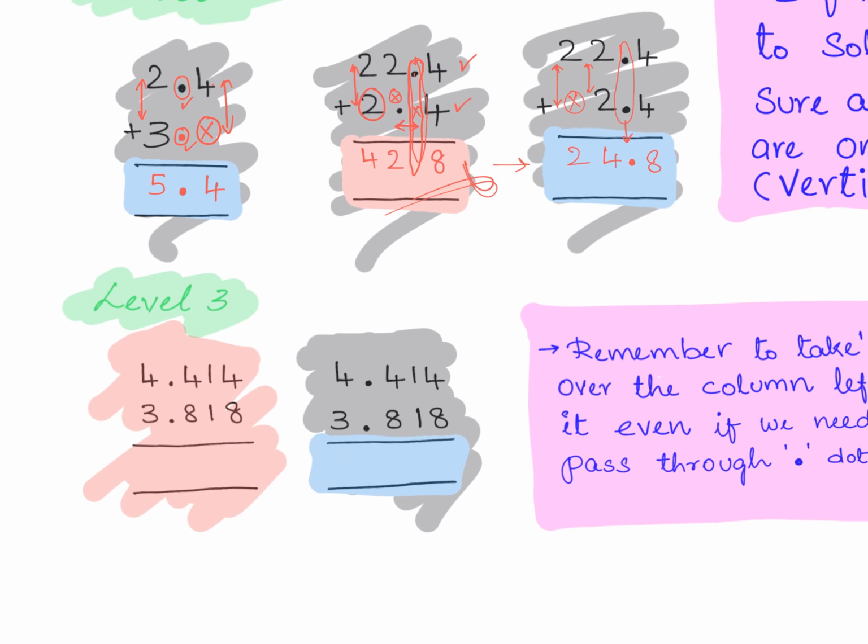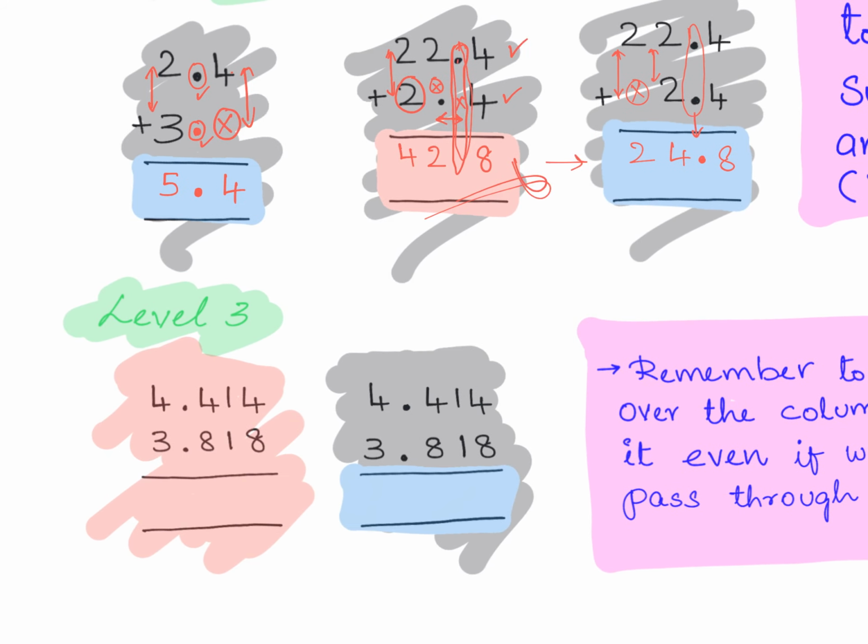Moving to the next level. So we have a problem. 4.414 is to be added to 3.818. Now the last column is to be considered first. So 4 plus 8, it gives 12, right?